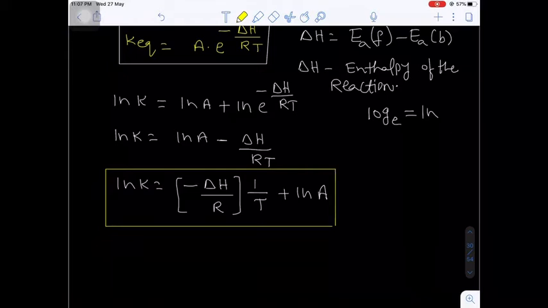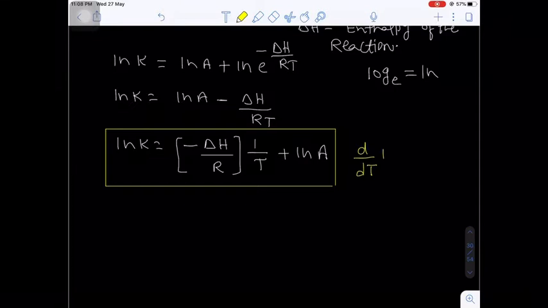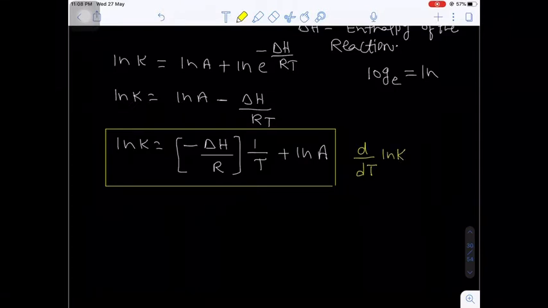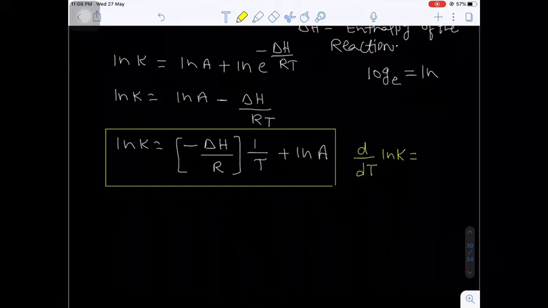Okay, this is the relation between ln K versus absolute temperature. Now in the differentiation form, I am writing d by dT of ln K is equal to, now what is the differentiation of 1 by T? Minus 1 by T square.